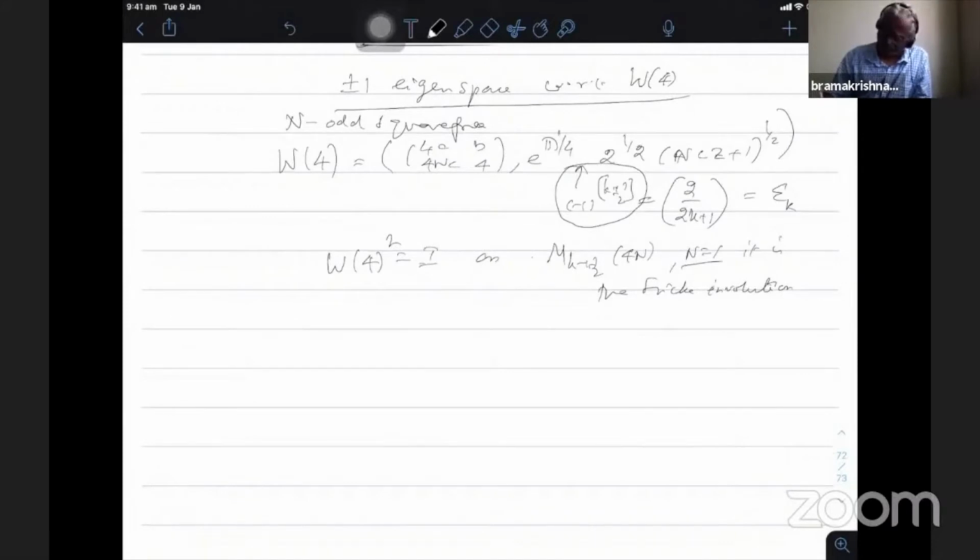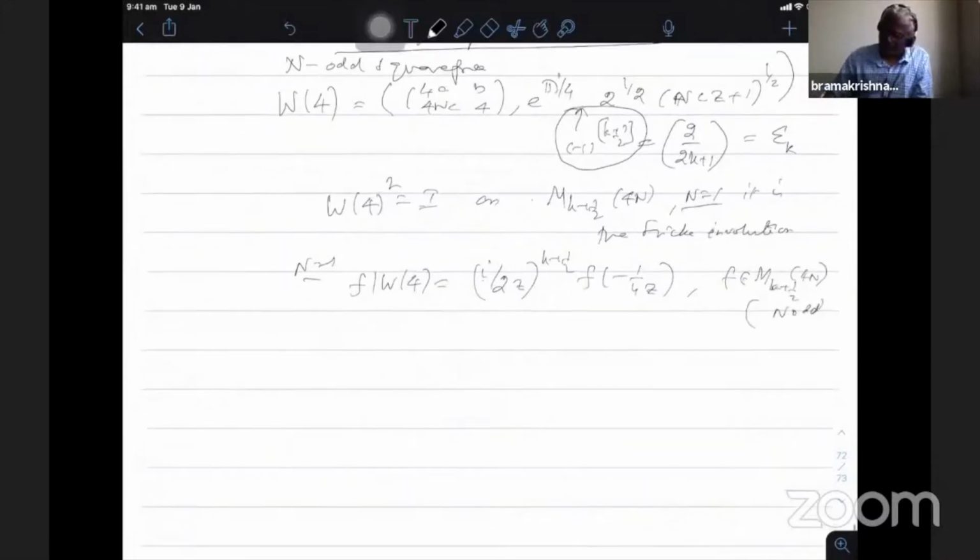So note that when n equal to 1, f bar W4 is (2z/i) to the power k plus half times f of minus 1 by 4z, where f belongs to M_{k+1/2}. For n odd also it is true.